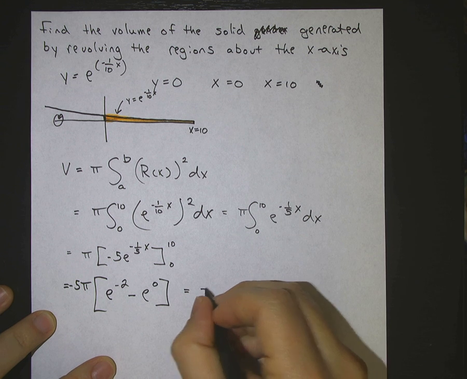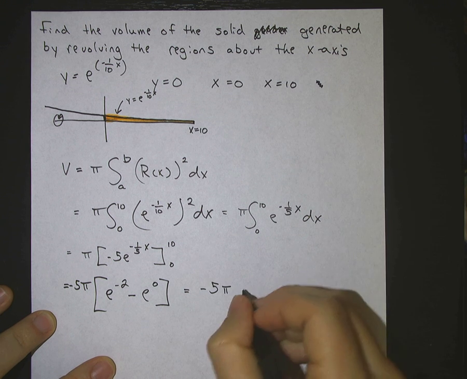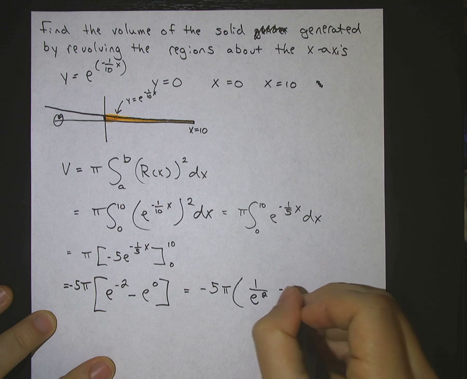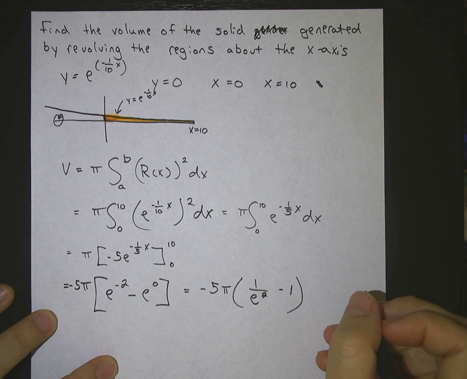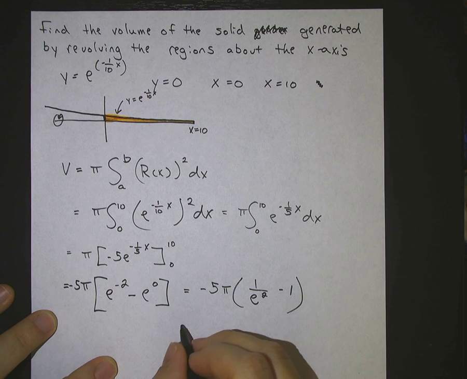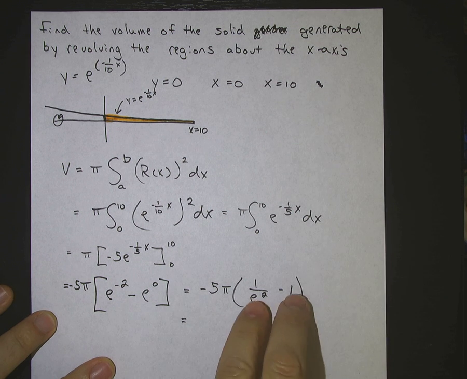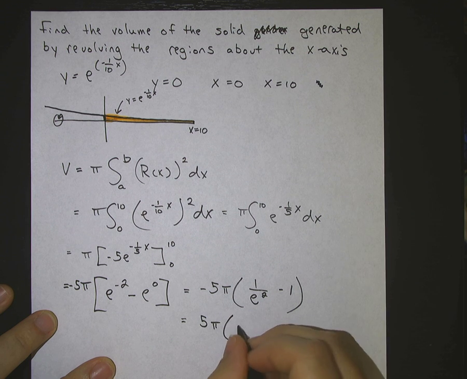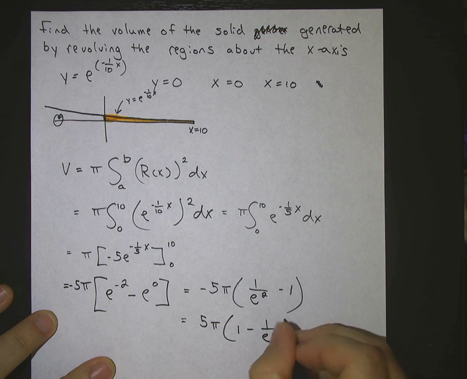So that'll give you negative 5 pi times 1 over e squared minus 1. This could also be written as, if you wanted to switch these signs and make the outside positive, 5 pi times 1 minus 1 over e squared. These two are the same answers.